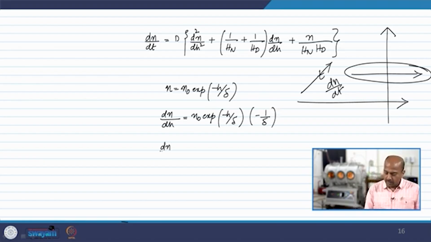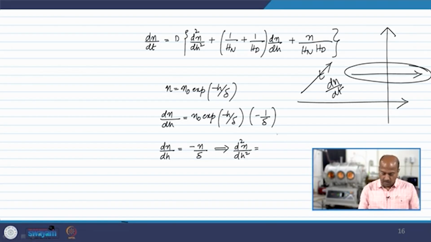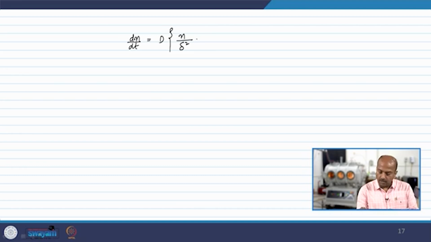So, we can write dn/dh as -n/δ, or d²n/dh² as n/δ². We will use this here. So, dn/dt is equal to the diffusion coefficient D times n/δ² plus the remaining terms.